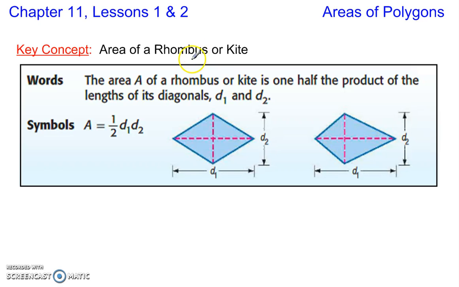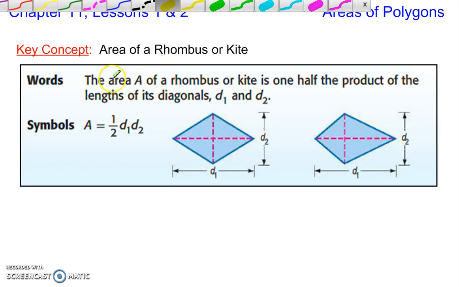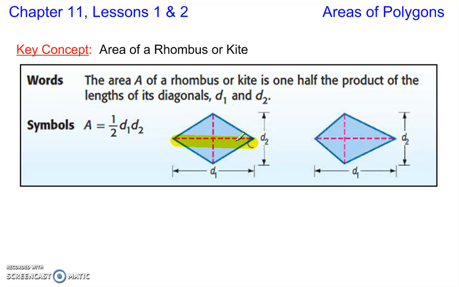All right, area of a rhombus or kite. This one is new, so make sure you write this down. The area of a rhombus is 1/2 the product of the lengths of the diagonals. So you multiply diagonal 1 with diagonal 2 and divide by 2.